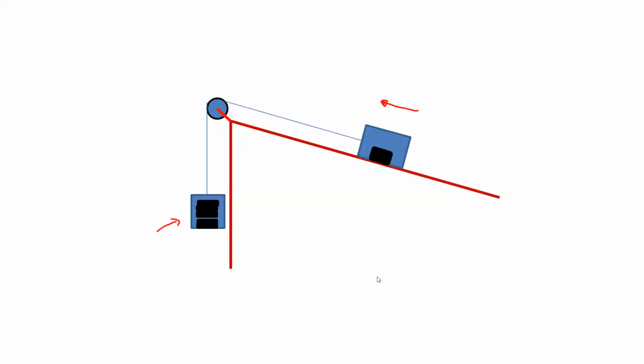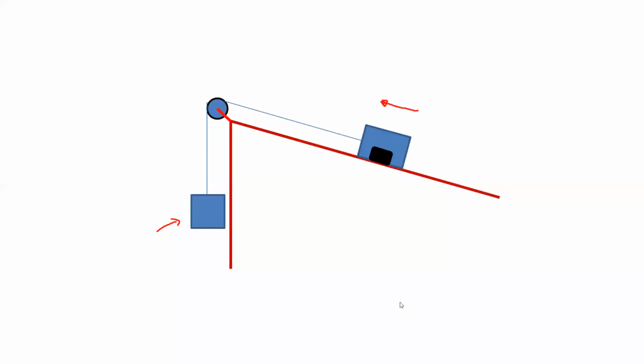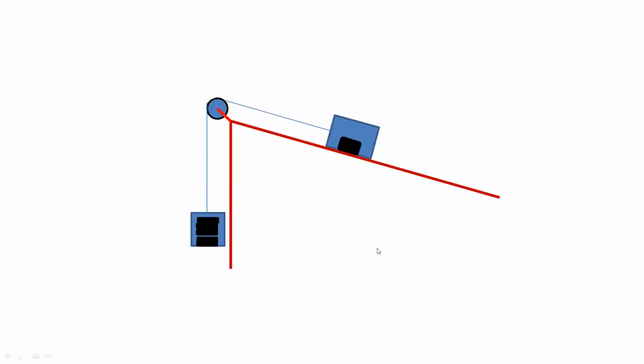So again observe, for this weight, this is the verge of motion condition.